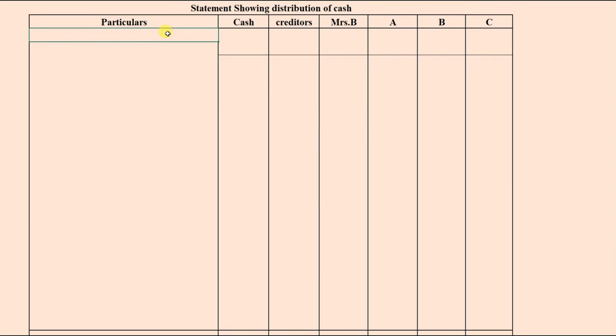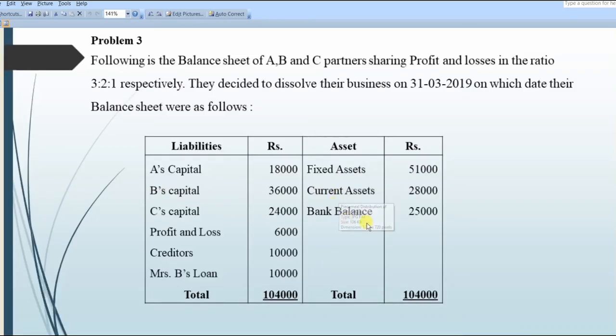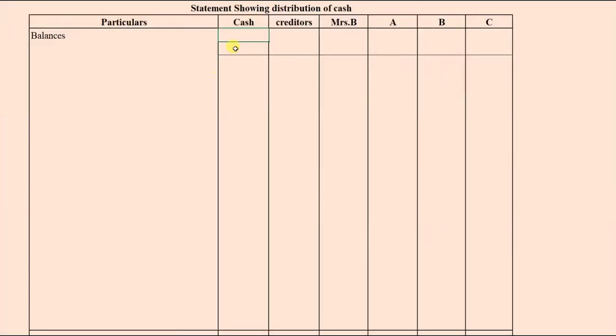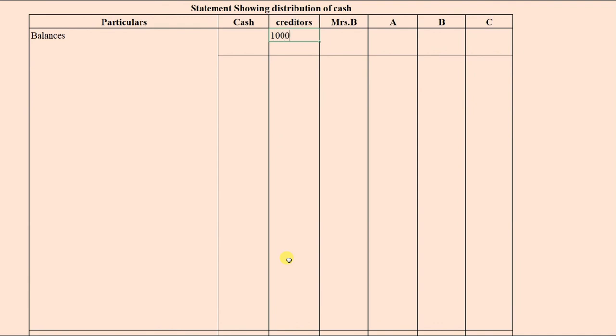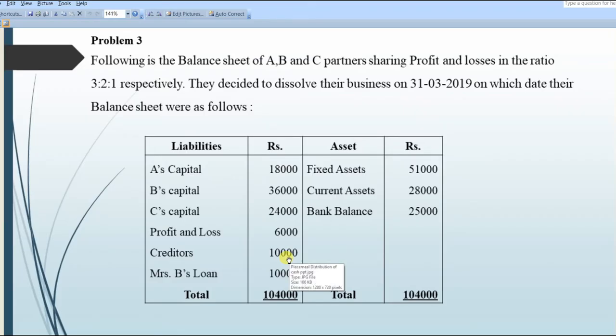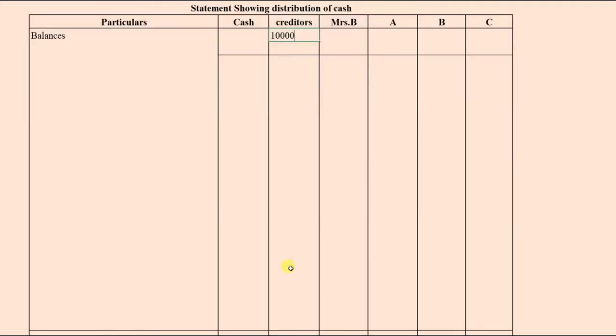So first we take balances. Cash, there is no cash balance, so cash balance nil. Then creditors 10,000, Mrs. B's loan 10,000.